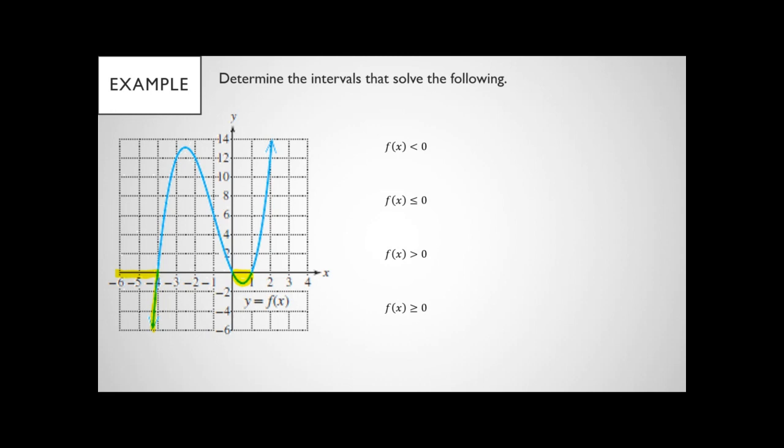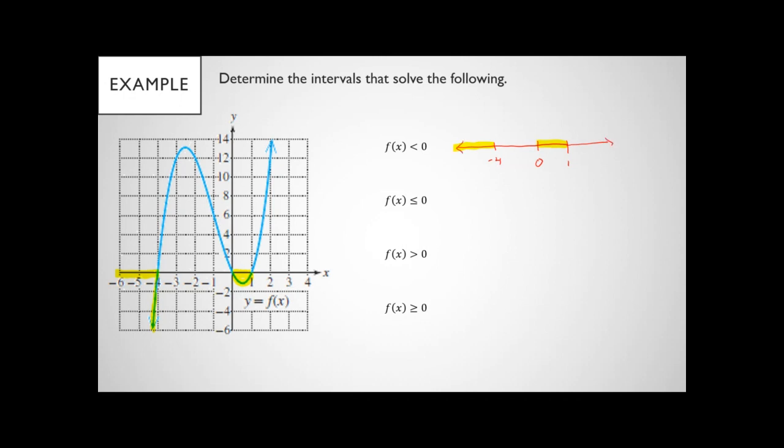What I have here is a number line, and our key points: we have -4 where it looks like we're changing, and then we've got 0, and then again at 1. If I was to graph this, my intervals look like this on the number line.